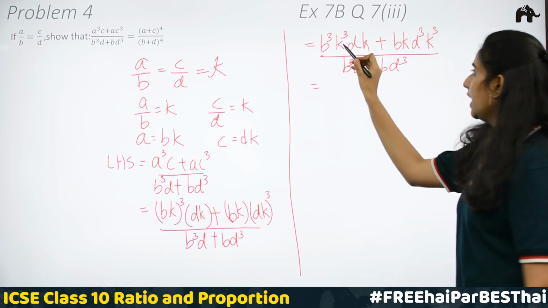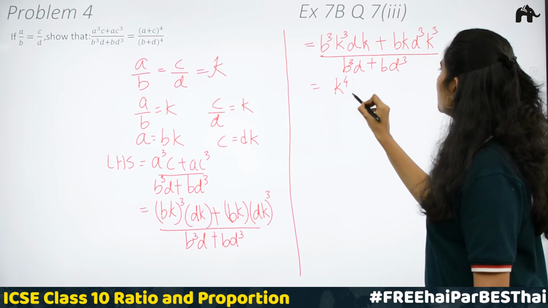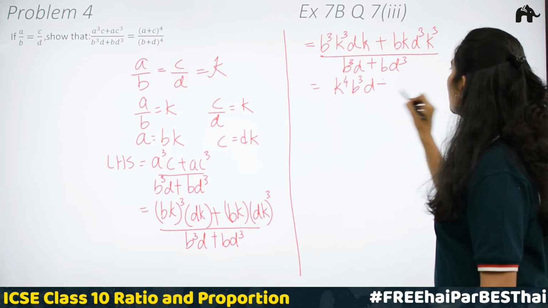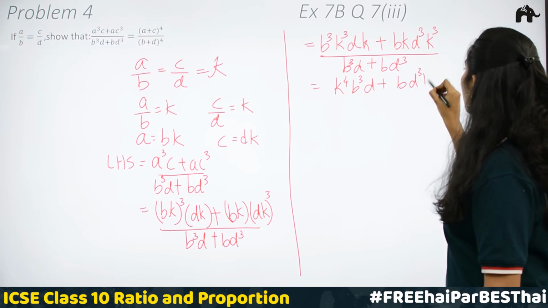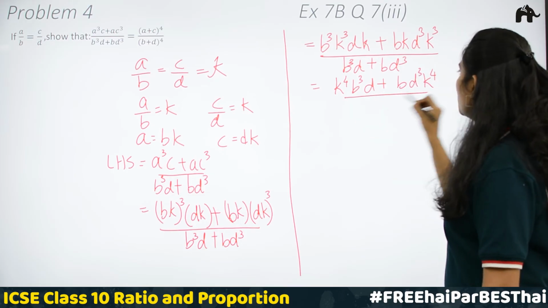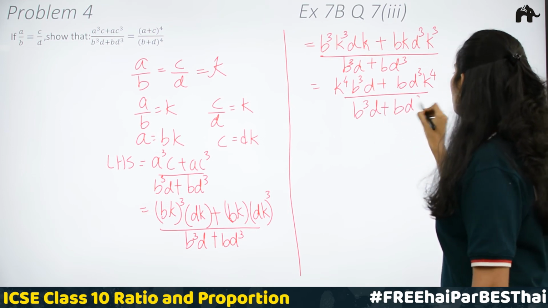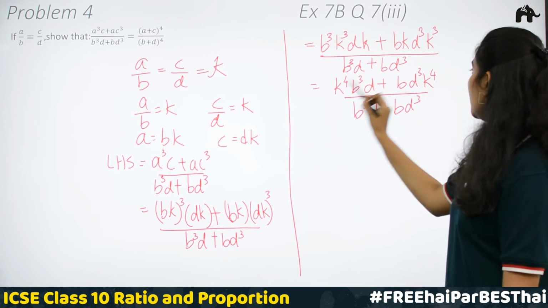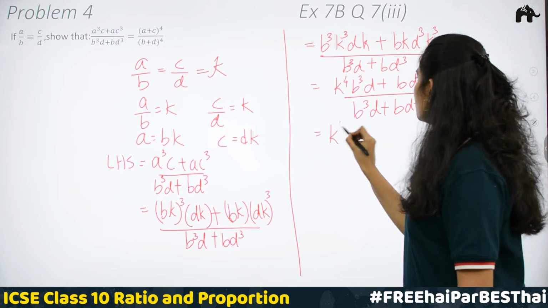This is equal to K cube into K is K raised to 4. K raised to 4 B cube D plus BD cube K raised to 4 divided by B cube D plus BD cube. Here K raised to 4 is common, taking out K raised to 4.